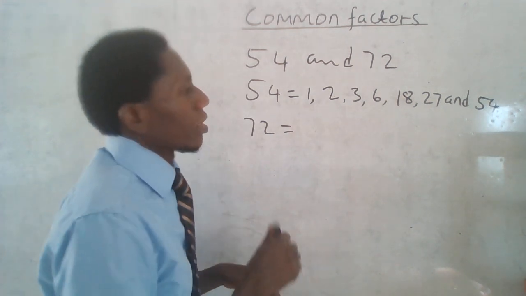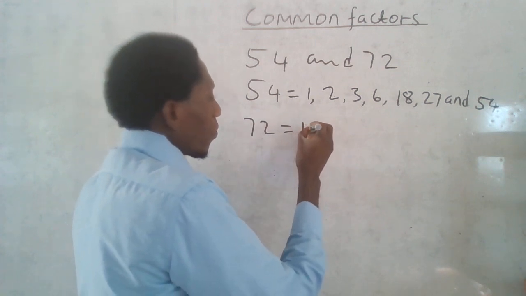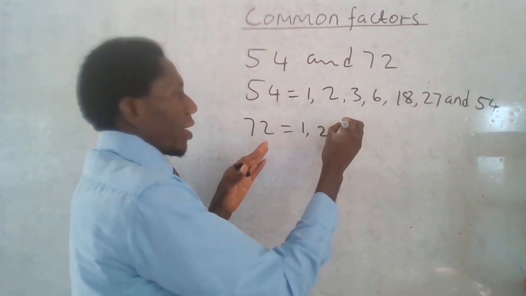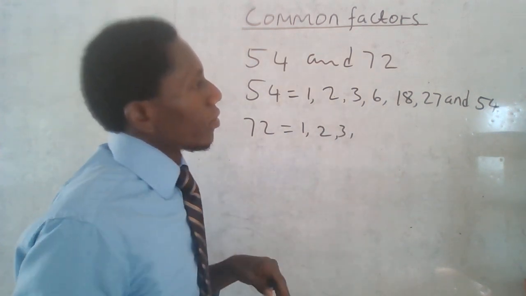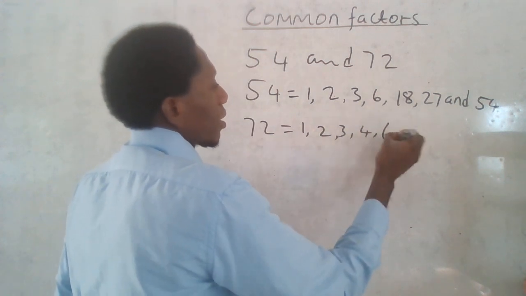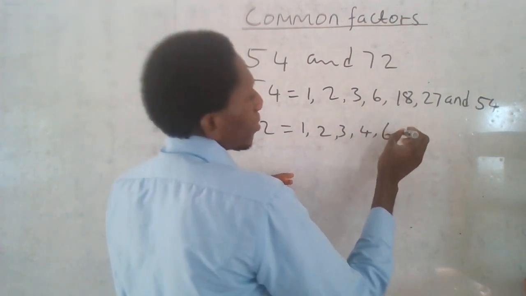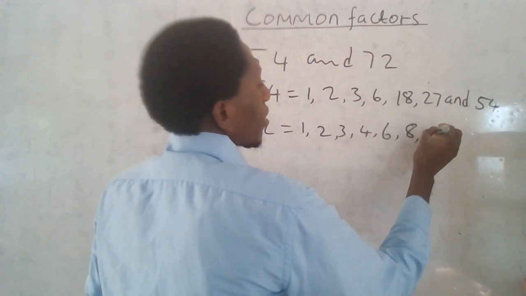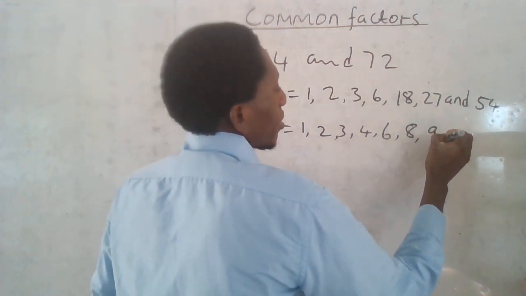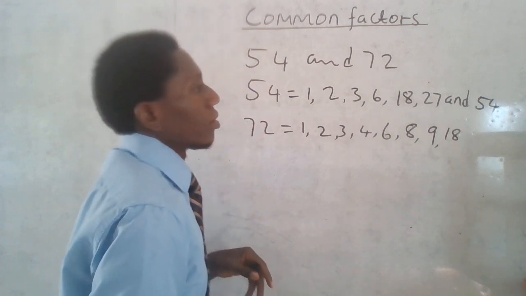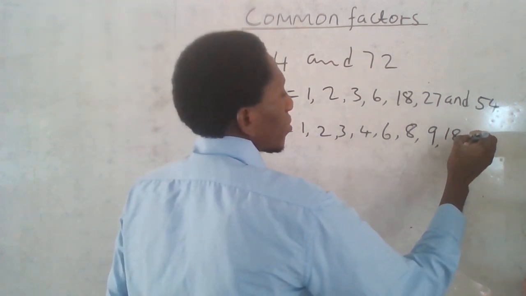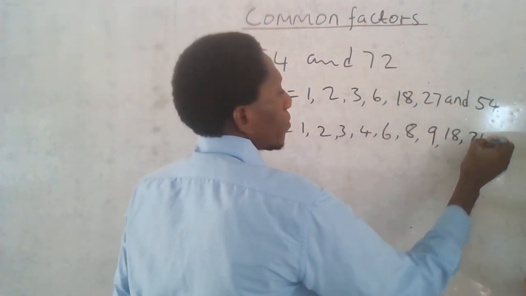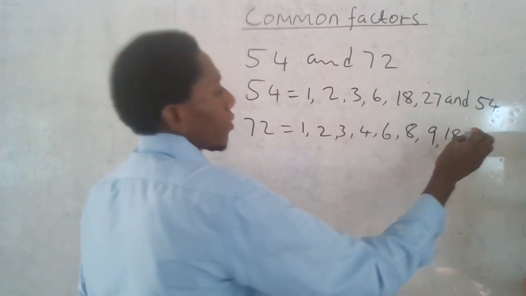These numbers are 1, 2, of course, 3, 4, 6, 8 can also go into 72 without a remainder, and we have 9, 18, 24.